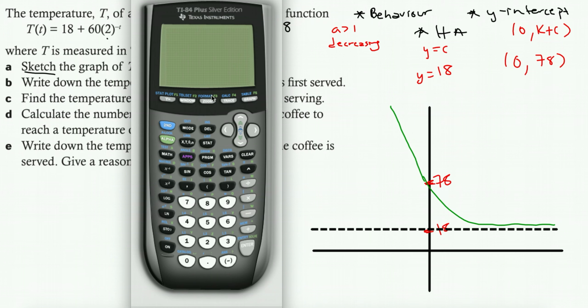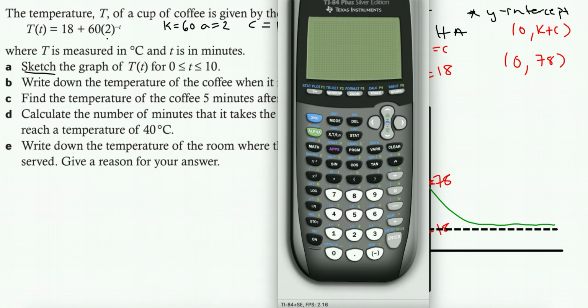So if I go to y equals, I'll type in 18 plus 60, and then bracket 2 to the power of negative x, and then graph this. It won't show much because my scale is 10 by 10.